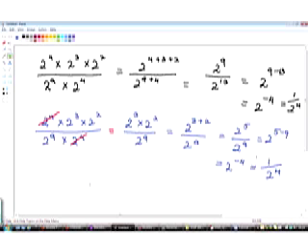Now, as we're talking about the answer, it should be noted that 1 over 2 to the power 4, we already know is the same as 2 to the power negative 4. Right?